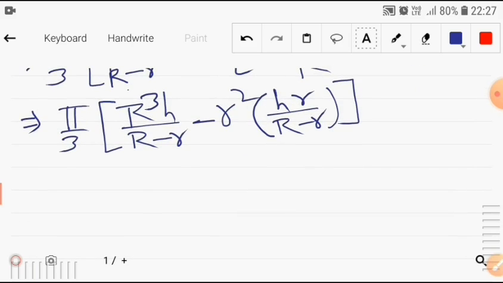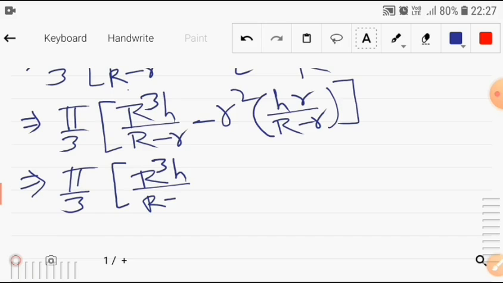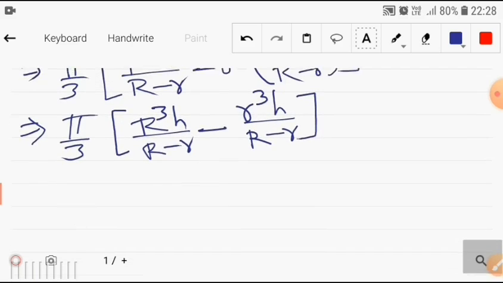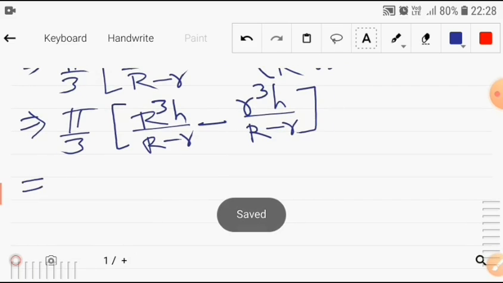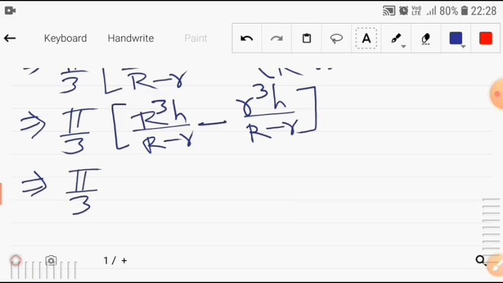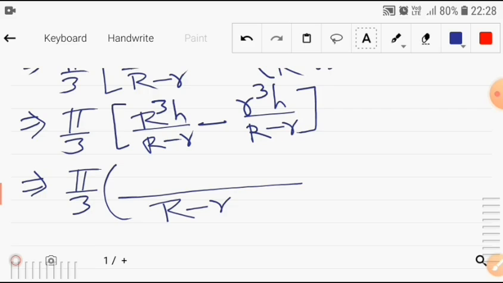Next line, it will be equal to pi by 3, R cubed h by R minus r minus r square multiplied by r is r cubed h again by R minus r. Next line, pi by 3. Now again, by taking LCM, LCM will be the same, R minus r.